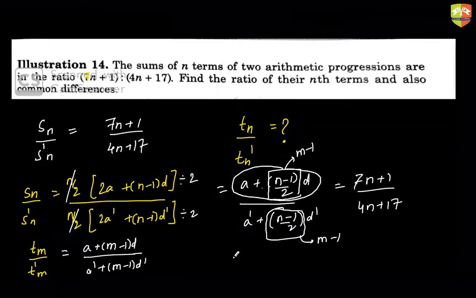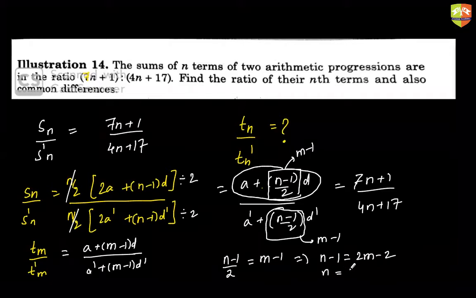Correct? That means you are trying to replace n minus 1 by 2 with m minus 1, which means you are trying to write n minus 1 as 2m minus 2, which means you are trying to write n as 2m minus 1. Yes or no?